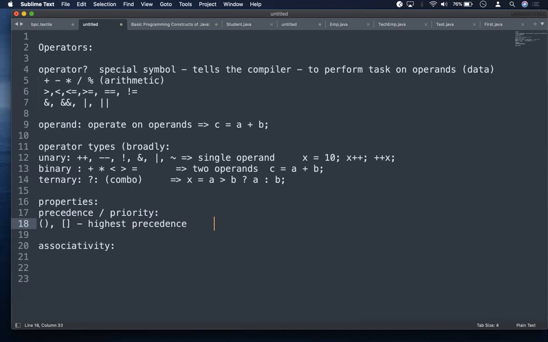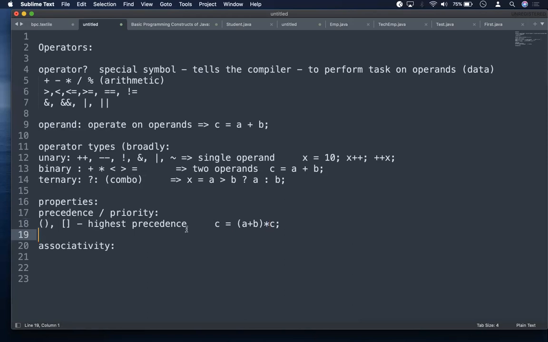For example, if I say c equal to a plus b into c, and this is the expression, usually b into c will happen first because the asterisk has higher precedence. But if I keep a plus b in a bracket, then a plus b will be evaluated first, because the parenthesis has the highest precedence when compared to the asterisk, the product operator.